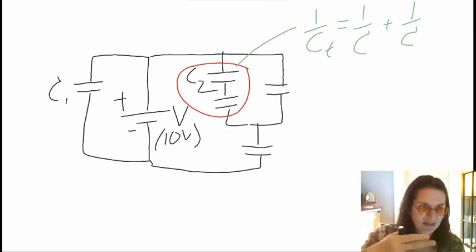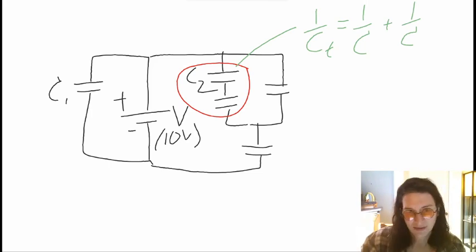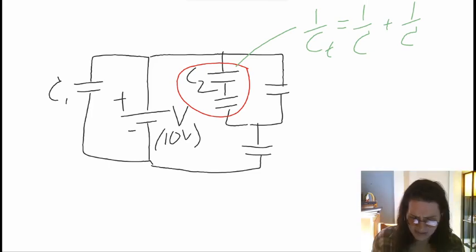If it weren't, you'd call it CA and CB for each capacitor. So we end up with 2 over C, and if you solve, the total capacitance here is actually C over 2.